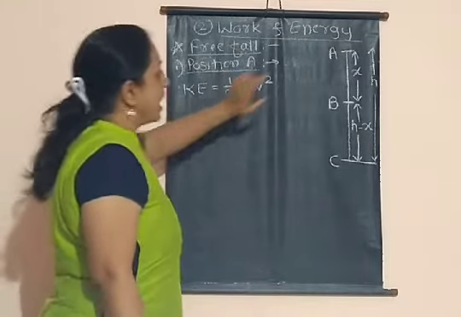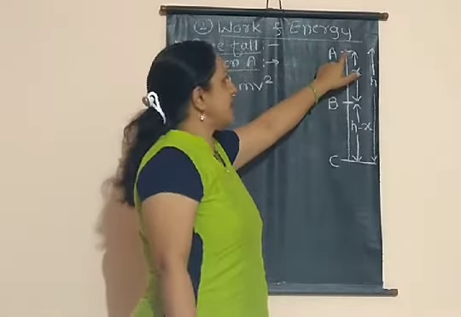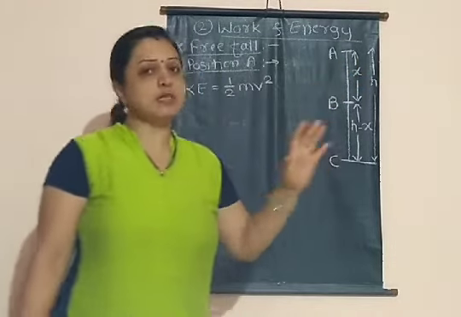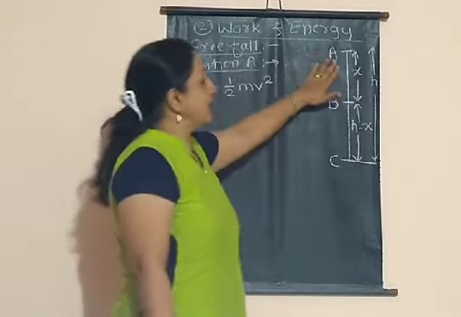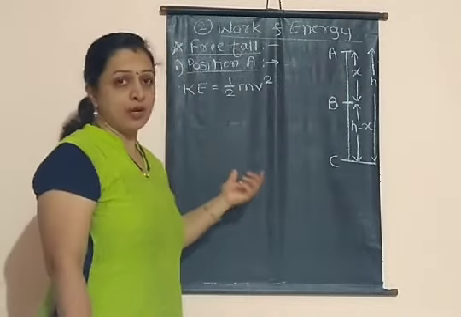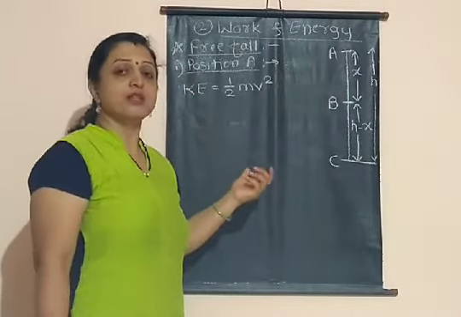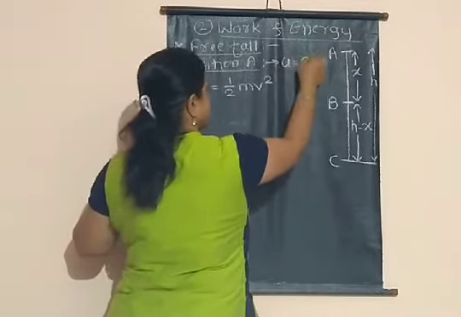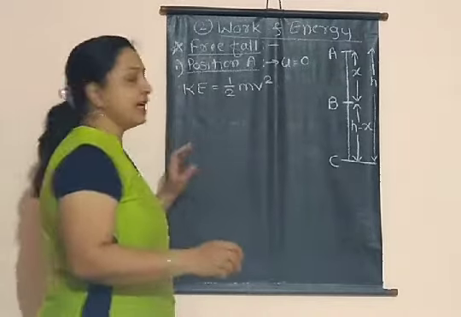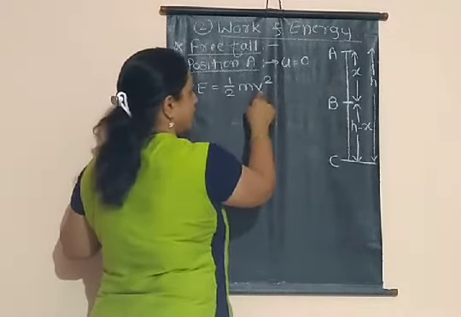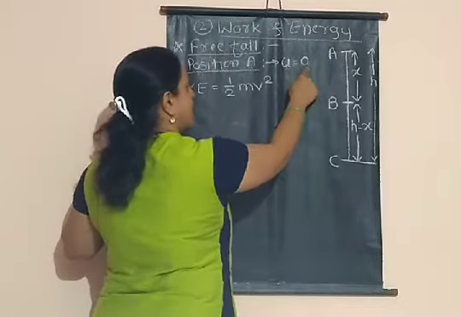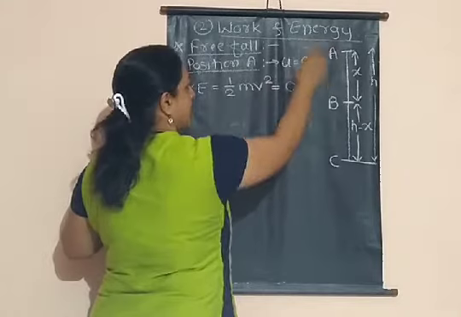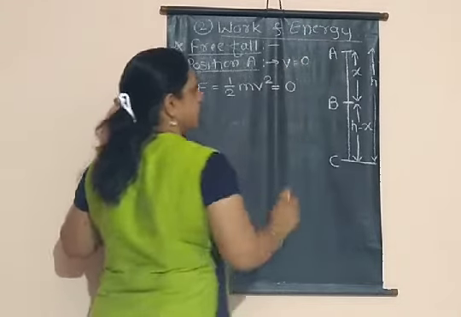The object is initially at rest at position A, so the initial velocity of the object is 0. Here v is nothing but the initial velocity u, and that will be 0. Therefore the kinetic energy at position A will be 0.